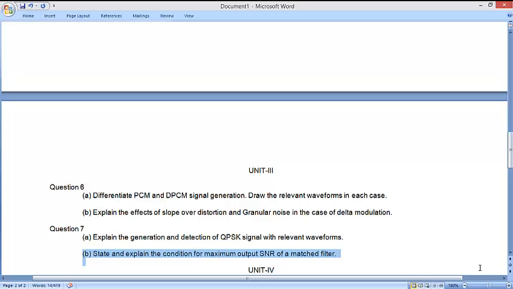For sampling time you consider the case where small t is equal to capital T, and then you evaluate the output average power of noise, and then you obtain the expression for which you will use Schwarz's inequality for the numerator, and then you calculate the maximum output SNR.